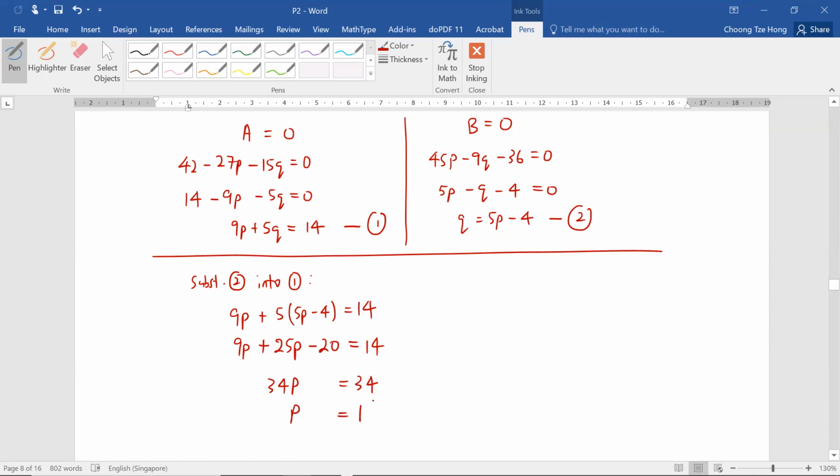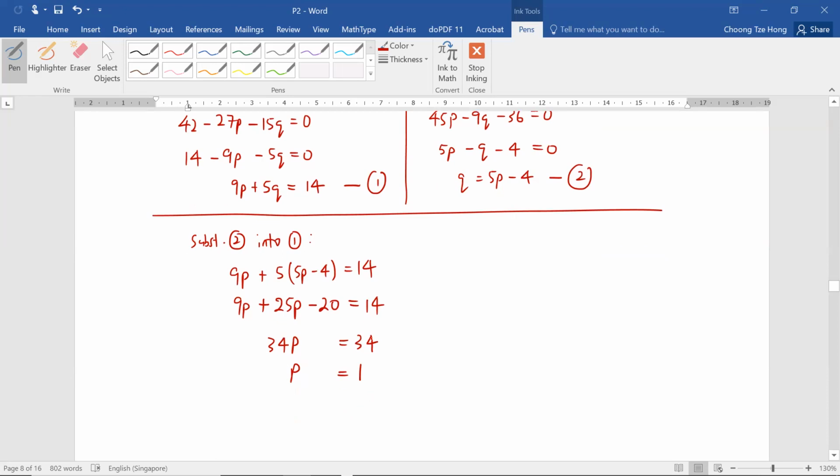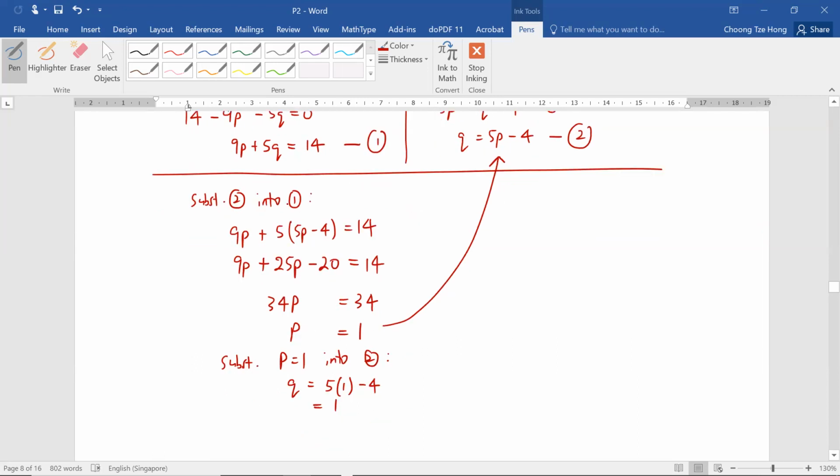When p is 1, we substitute it into equation 2. So you will get q equals 5 times 1 minus 4. So q is also equal to 1. The two answers will be p equals 1 and q equals 1.